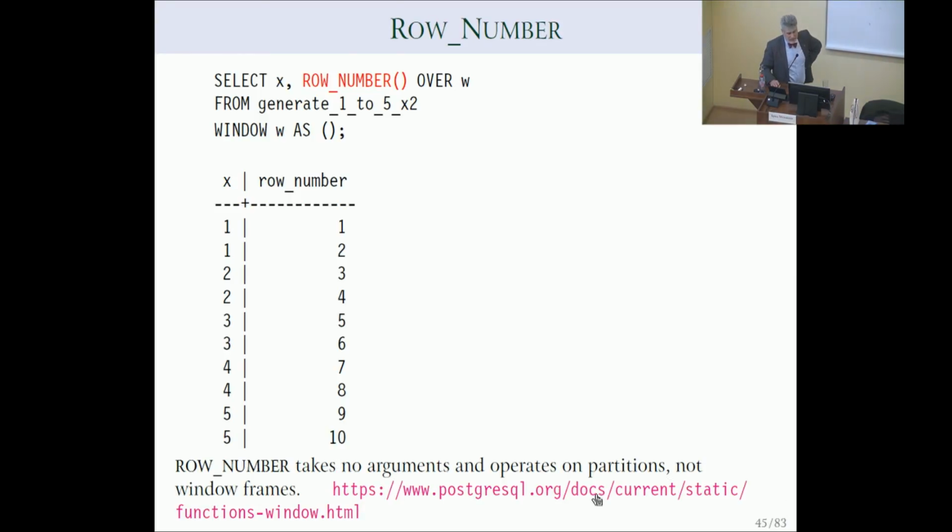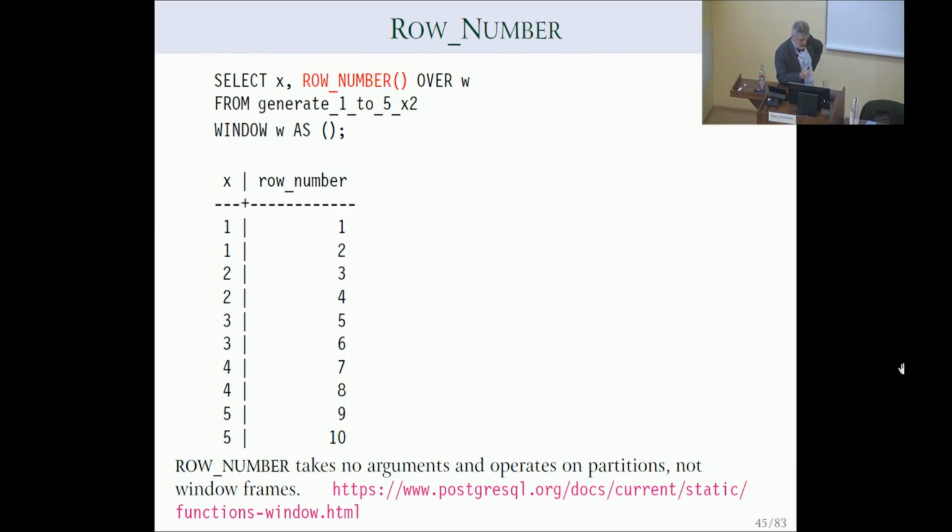One aspect that you might be interested in here is that the row number function operates on partitions. And what that means is that the actual window frame that is used for that query has no effect on row number.